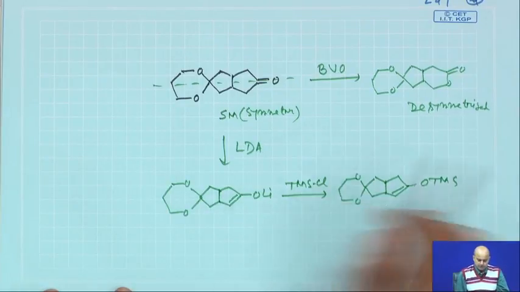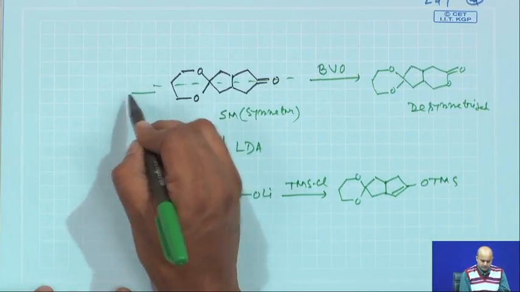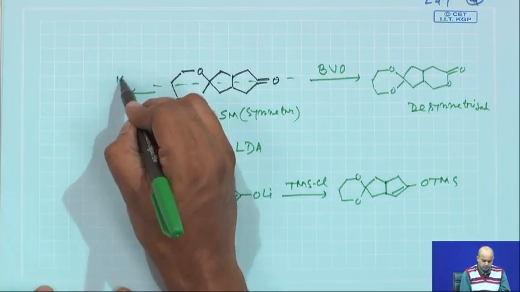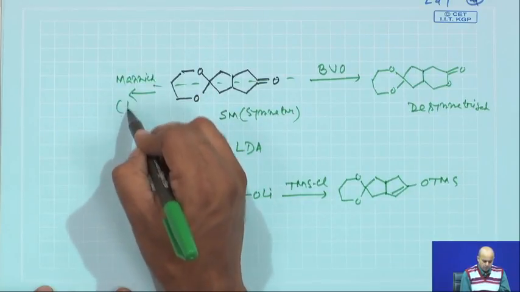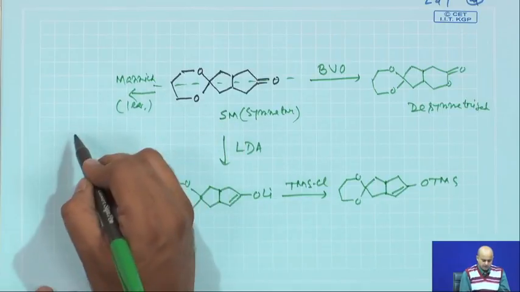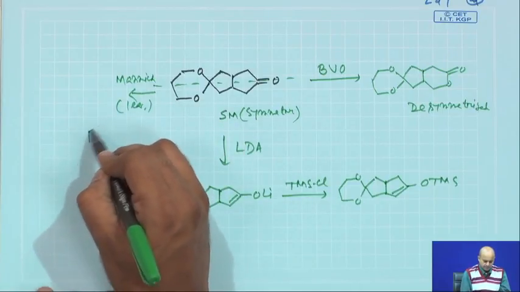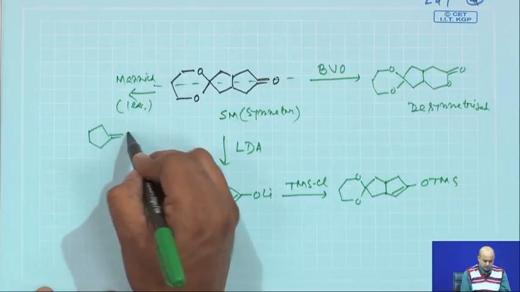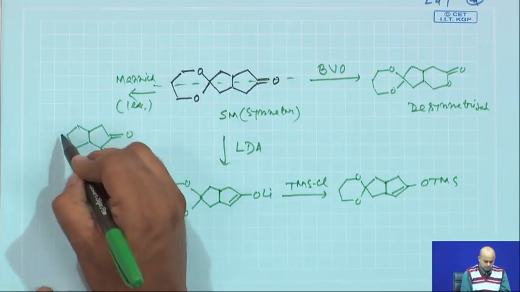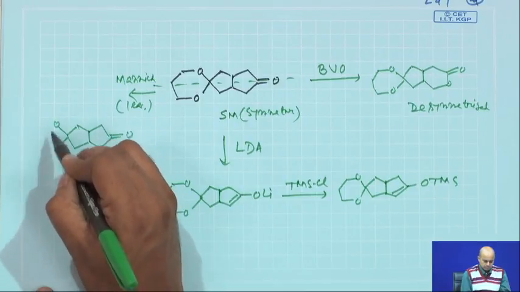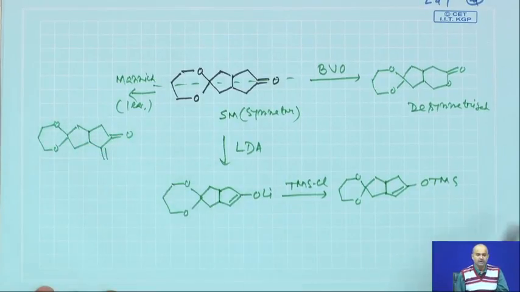Now, let us see whether you can do any other desymmetrization reaction. You think about doing a Mannich type of reaction with one equivalent of reagent. Then you basically get this compound, which is also a desymmetrized product.